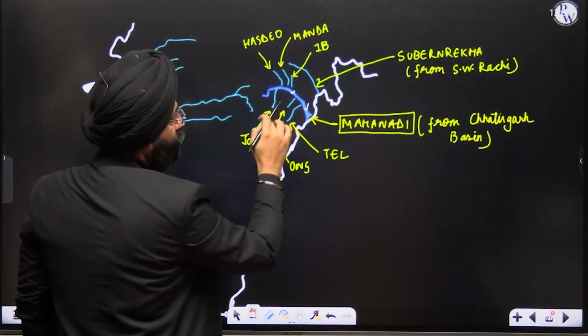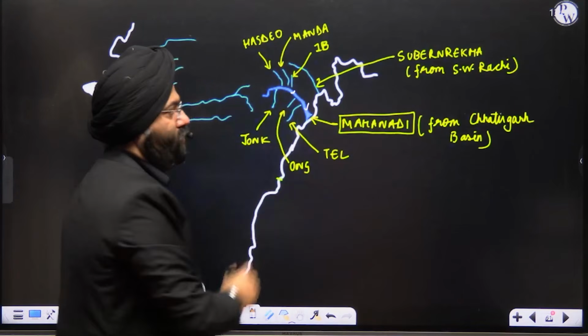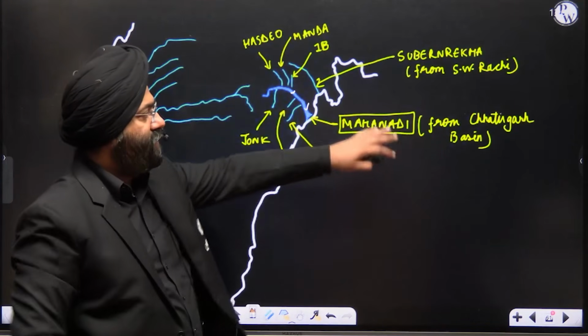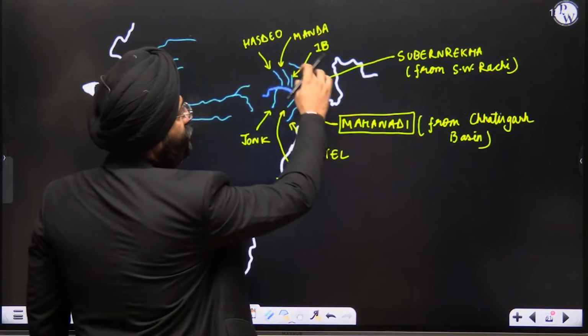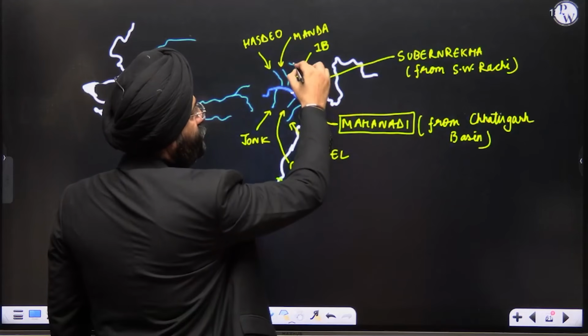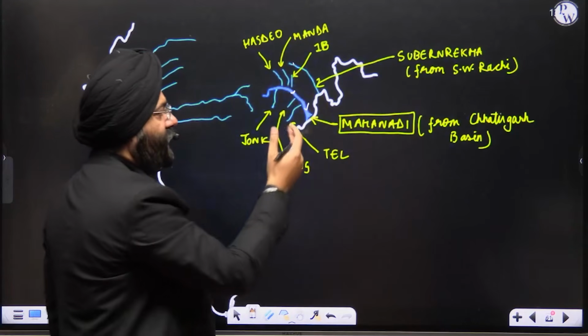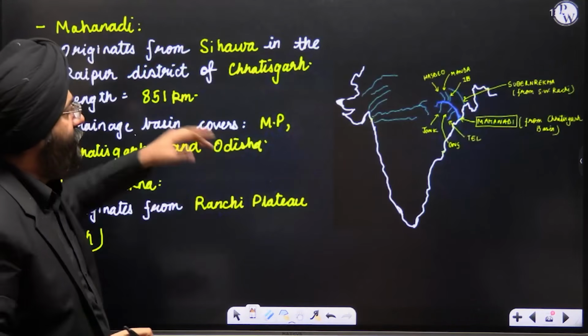On the other hand, Jonk, Ong and Tel are the right bank tributaries, right? Mahanadi rising from the Chhattisgarh basin, right? And there is another very important river, that is Subarnarekha, rising in the southwest Ranchi. This is again Subarnarekha.